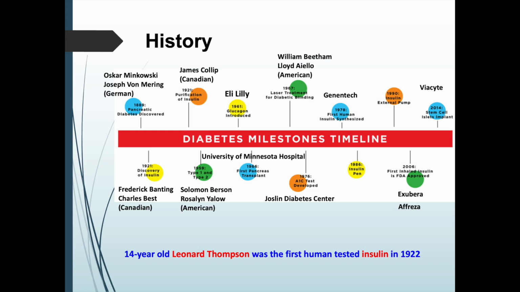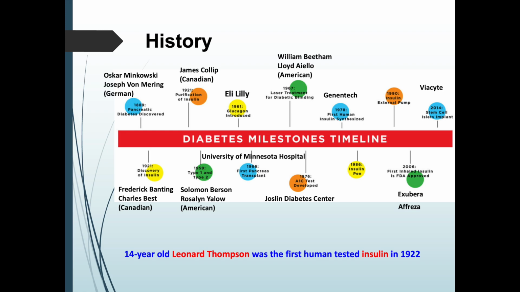So the first discovery of insulin was in 1921. After the discovery, insulin was given to a 14-year-old boy, Leonard Thompson, the first human tested with insulin in 1922. Because it was not pure, he got allergic reactions and had difficulty surviving.